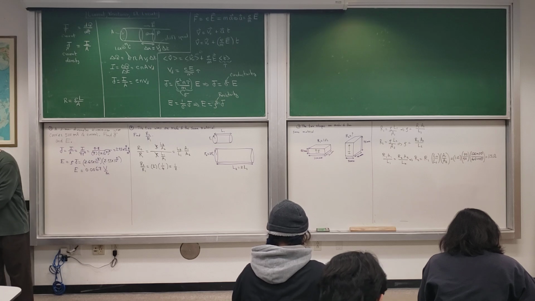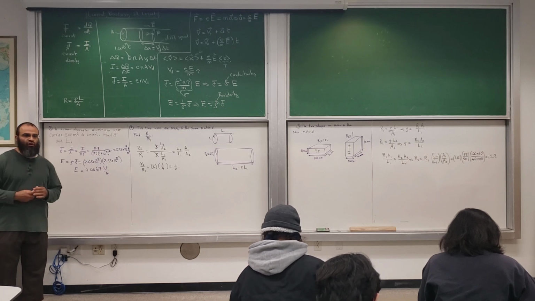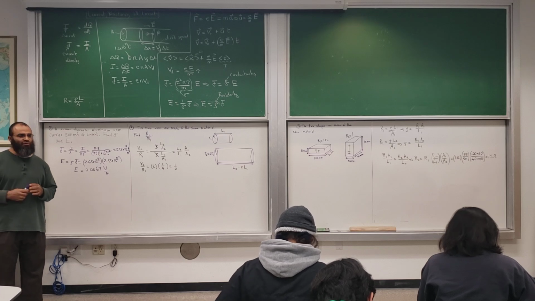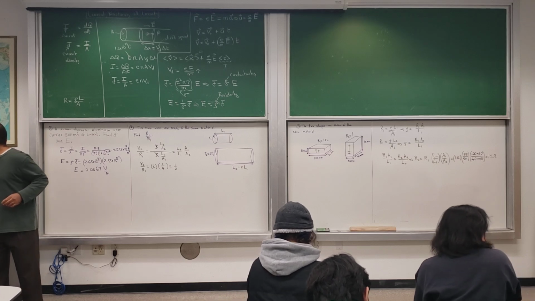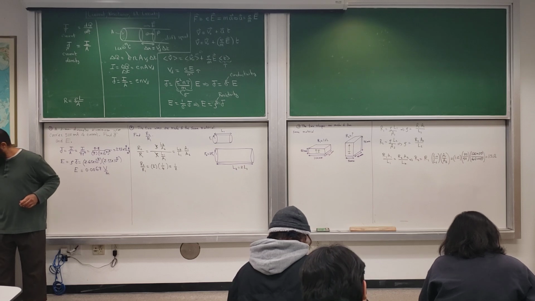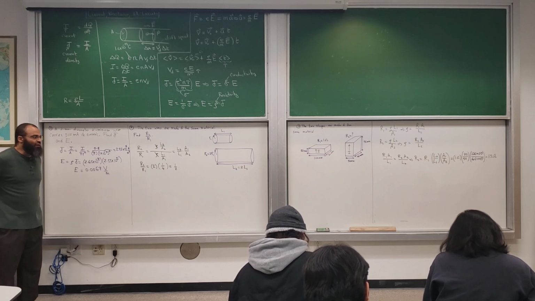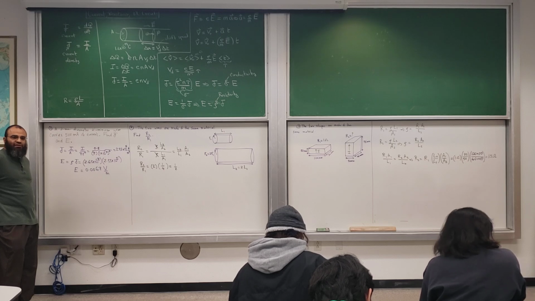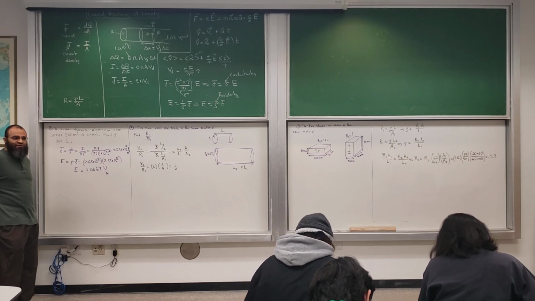We only need 2 more examples, and then we go on to the next chapter. So the next example, I have a wire of variable resistivity. Resistivity is not constant, it's variable.